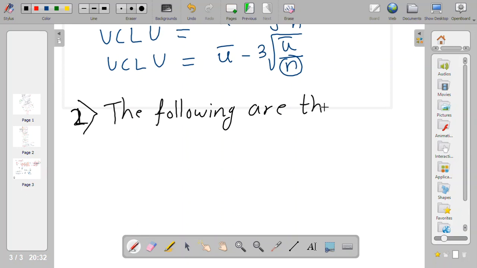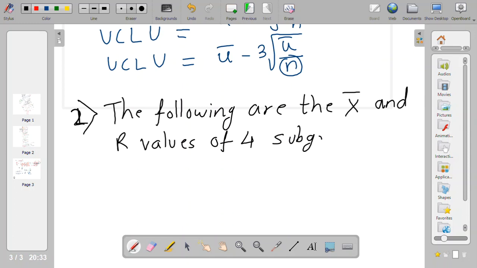The following are the x bar and R values of four subgroups of 5 readings.